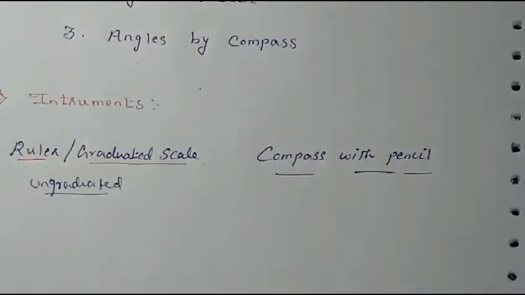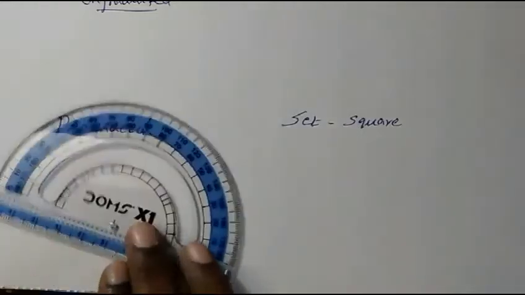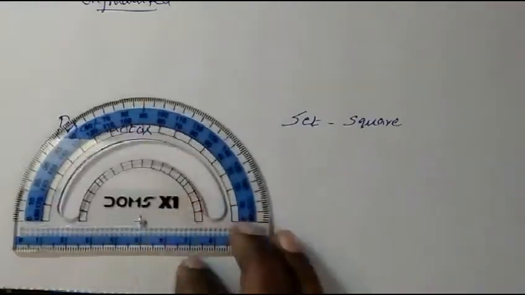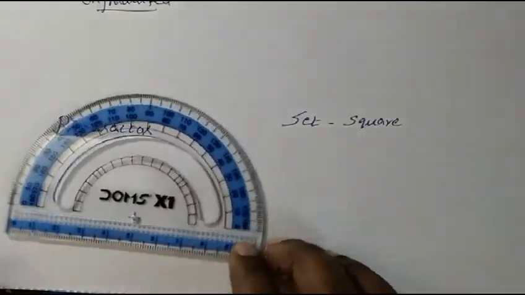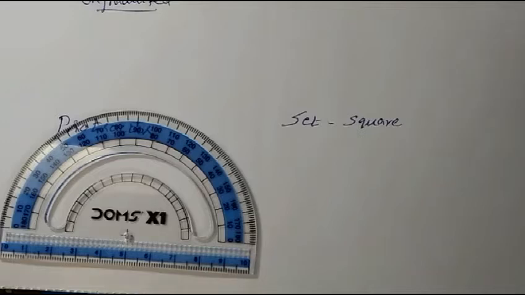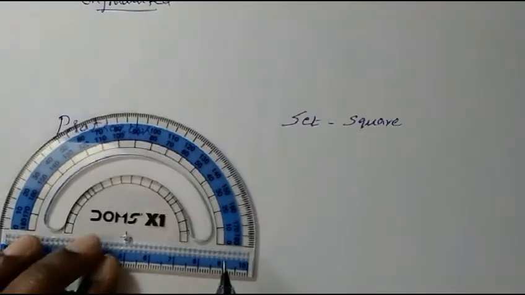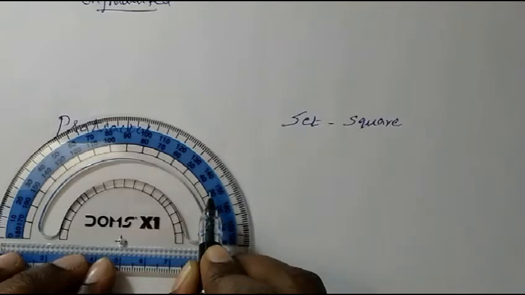Then you have the protractor, like a D-shaped scale, where you can find out angles, how many degrees you need. If you start from this side, then you start 0, 10, 20, 30.